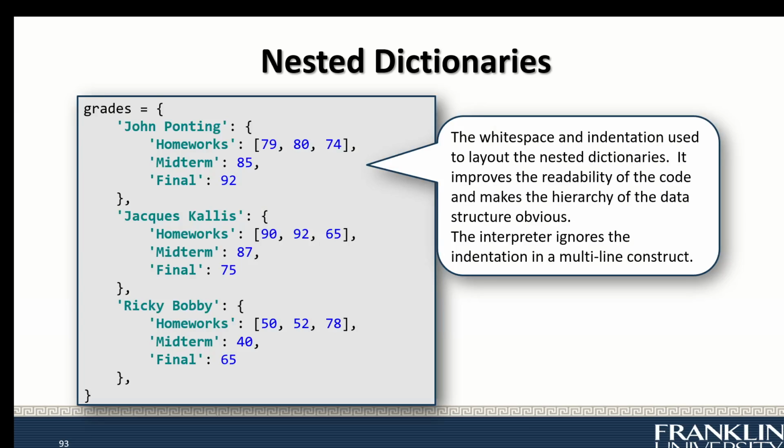This is another program. In this program I have a grade, and grade has a dictionary. So the name, and the value is a dictionary. The dictionary value has homeworks, midterm, and final, with a list of the homework, midterm, and the final grade.